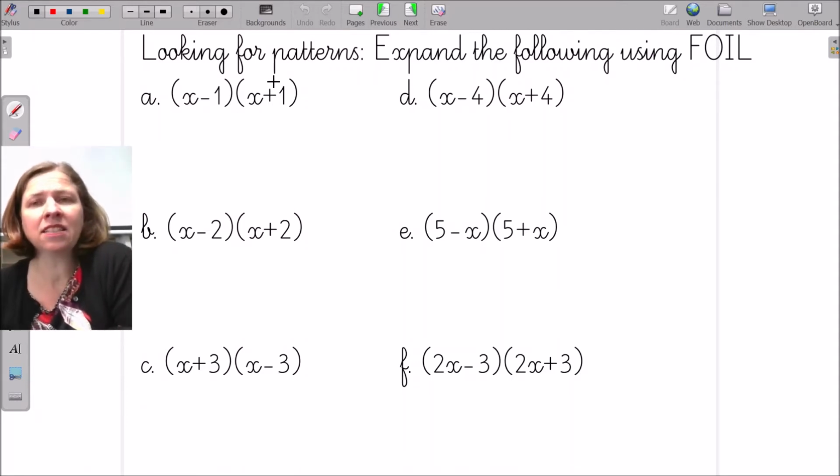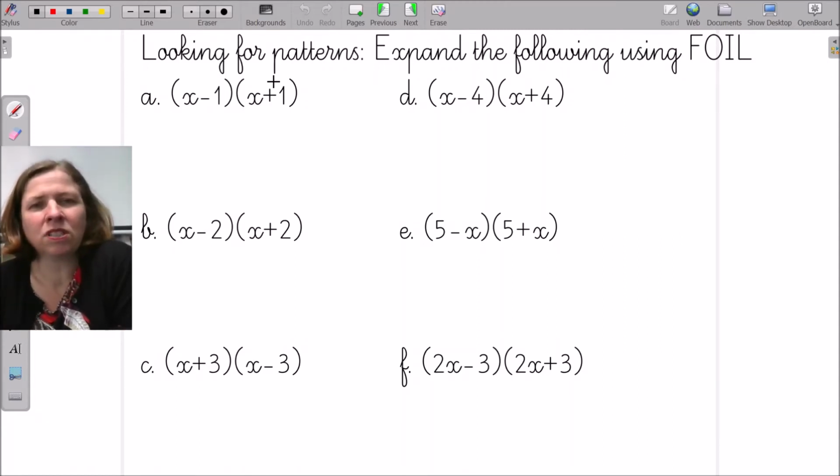So the first exercise is I want you to look for patterns in the examples you've got here. I want you to pause the video and then I'm going to go through and write down my answers, and I want you to check your answers. But as you go, start thinking, I think I see a pattern here, and then maybe predict what your next answer will be. If you got the answer right, then you know you're onto something. So each time, once you think you're onto a pattern, predict what your answer will be.